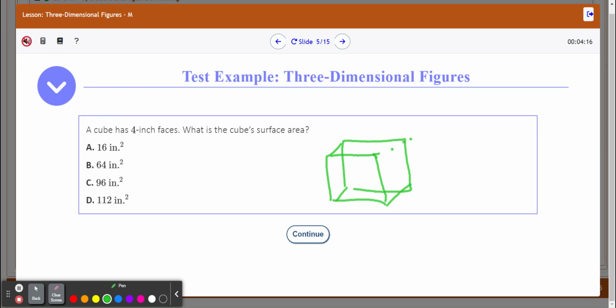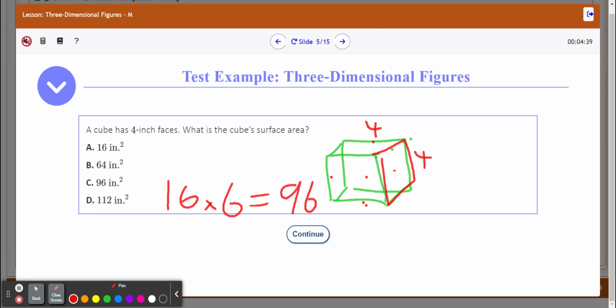So if one side is 4 by 4, well, 4 times 4 is 16, and then there are 1, 2, 3, 4, 5, 6 different faces. So if one face is 16 and there are 6 faces, 16 times 6 gives me 96. So your answer would be 96.